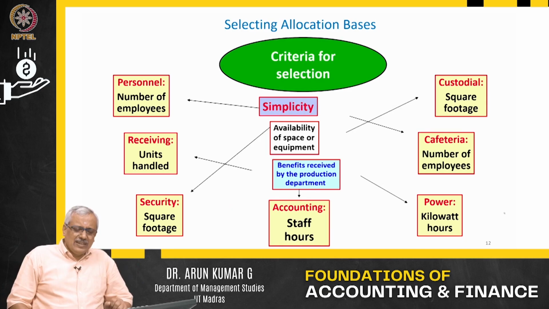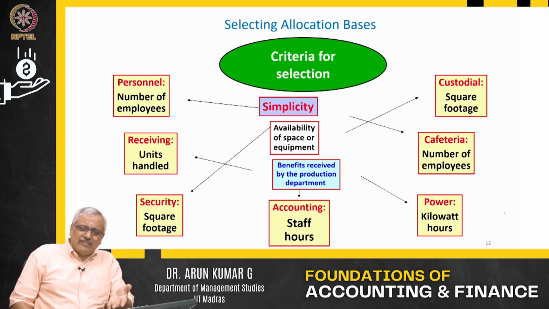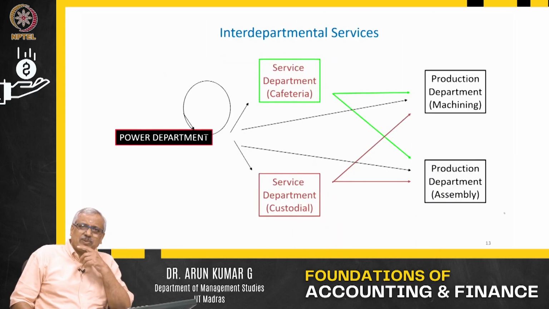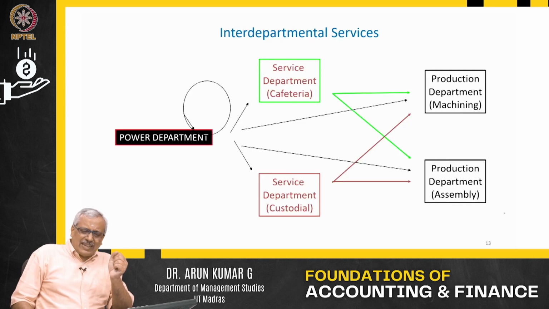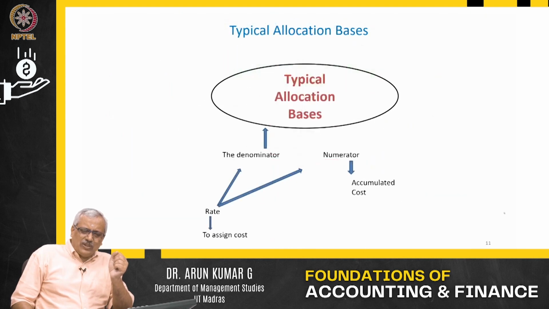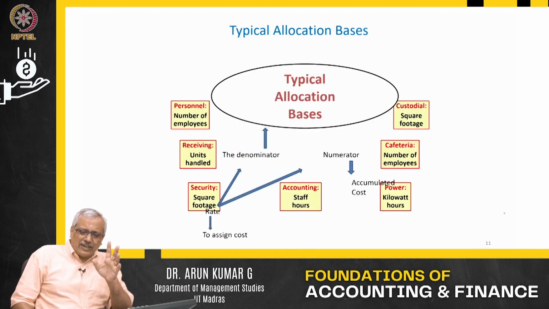The criteria for allocation are simplicity, the available space and equipment, and so on. This slide is pretty self-explanatory. Then there are interdepartmental services that can also be allocated. All these can lead to over or under absorption.